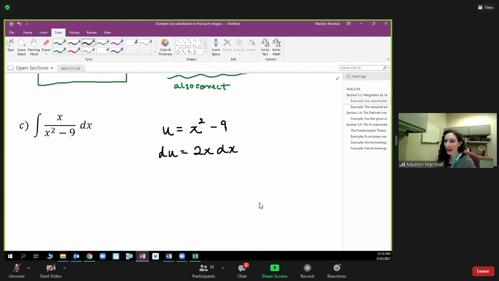So when we look back at our original integral, we're seeing, okay, we have a u down here. And the remaining part of our integral is this little x on top and the dx on the side. And we have those two pieces in this du. So that's a good sign. Even though there's an extra 2 there, this is still good because the x and the dx are the important parts.